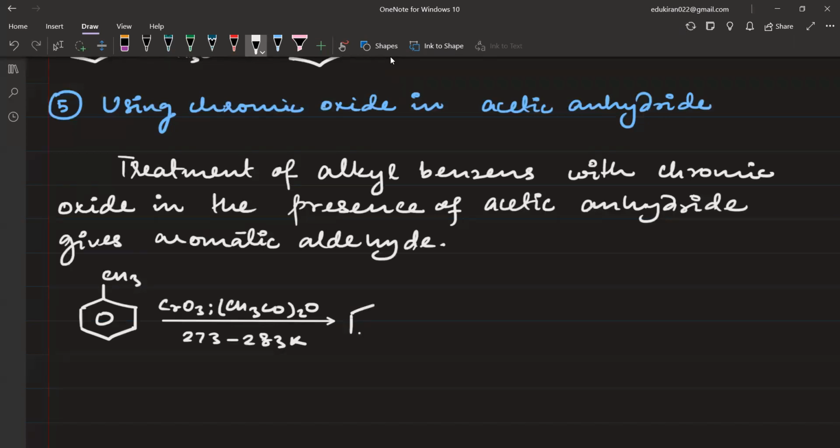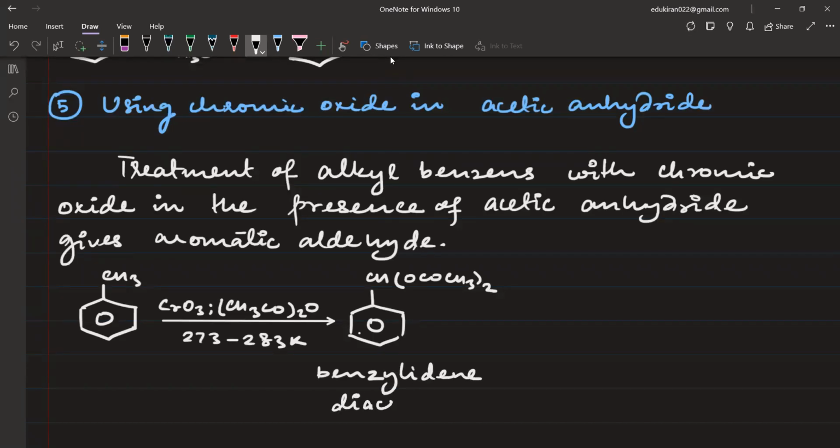This is going to give you benzaldehyde diacetate.